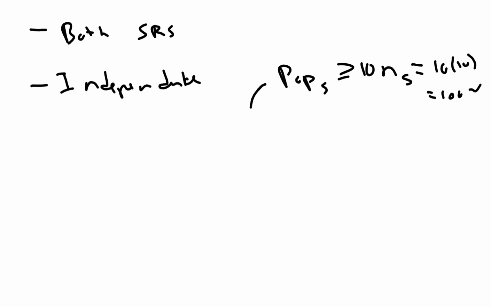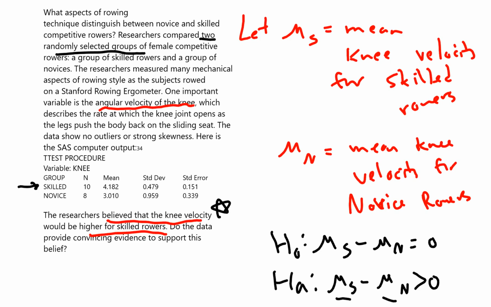And since that's true, then we can say that the standard deviation of x bar for the skilled rowers is the standard deviation of the skilled rowers over the square root of the number of skilled rowers that were part of our two-sample t-test here. The problem actually gave us that data. There's a column here called standard deviation, and you'll see that 0.479.